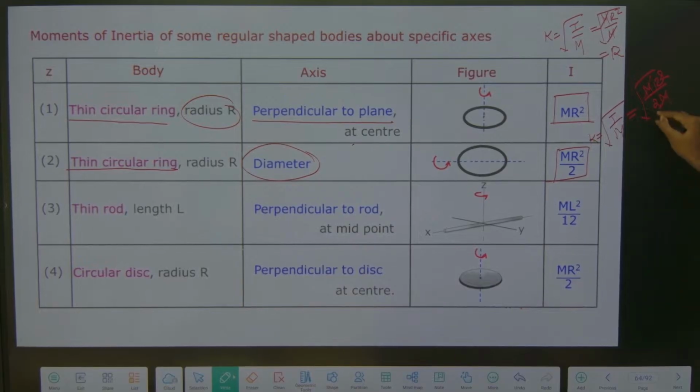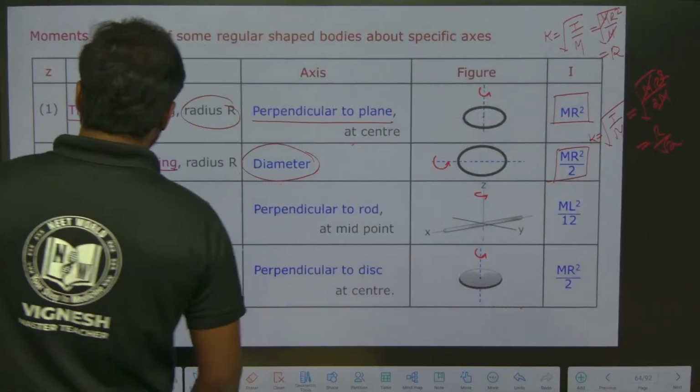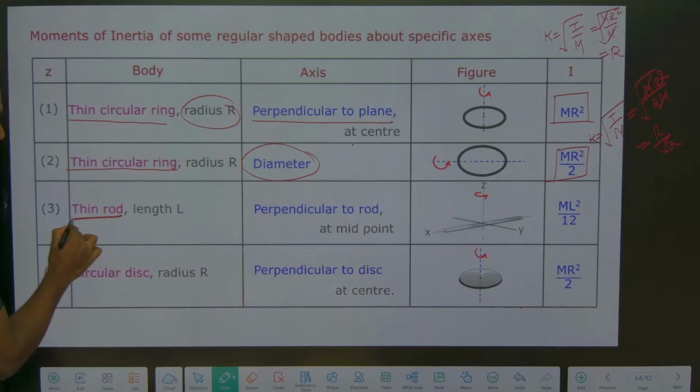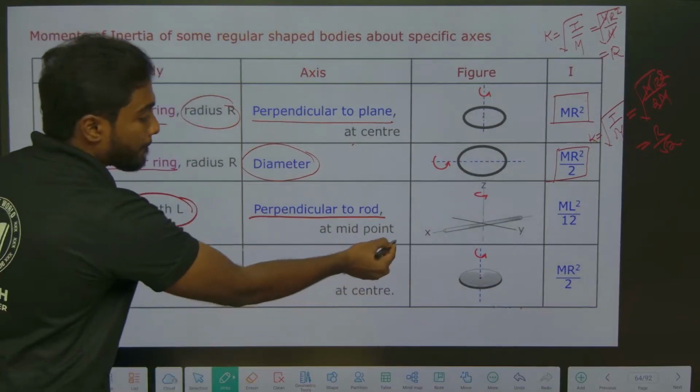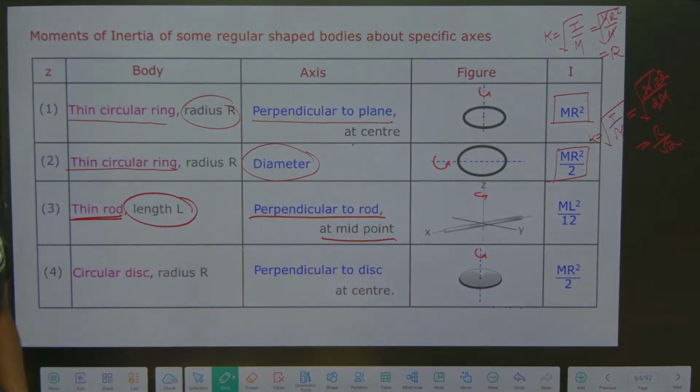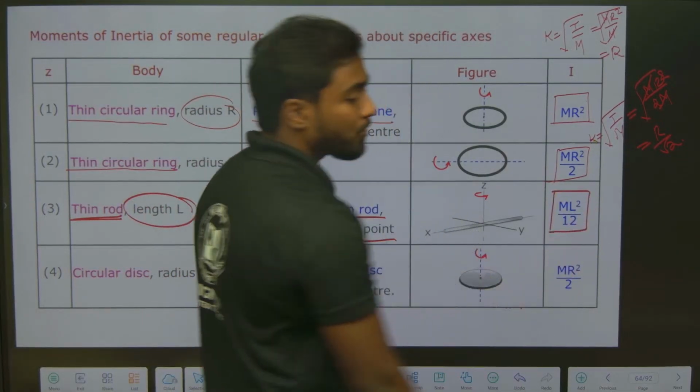So m and m will get cancelled. R by root 2 is my radius of gyration for the second one. Okay, third one, it is a thin rod of length L. Here the axis is perpendicular to the rod at a midpoint. For this the moment of inertia is ml square by 12.